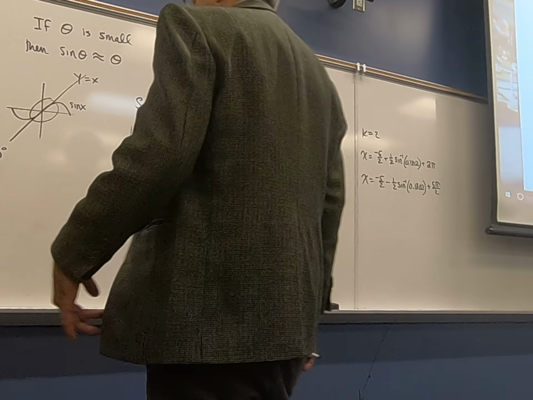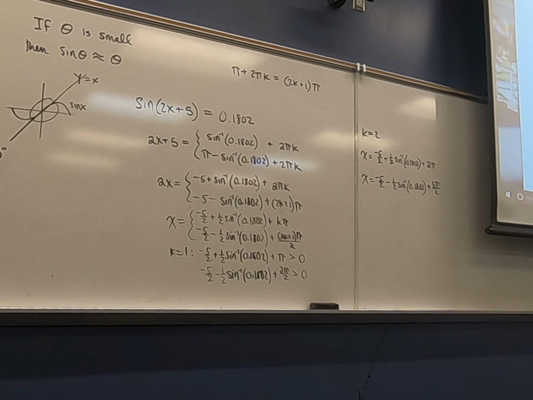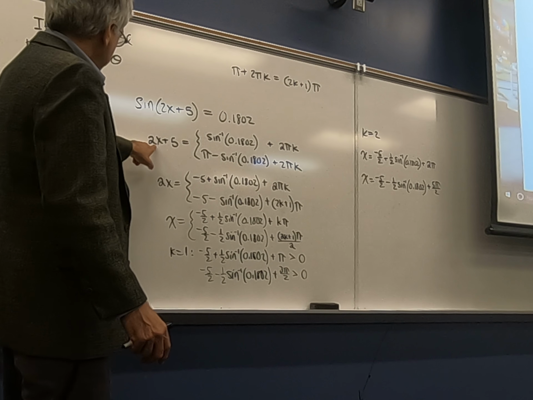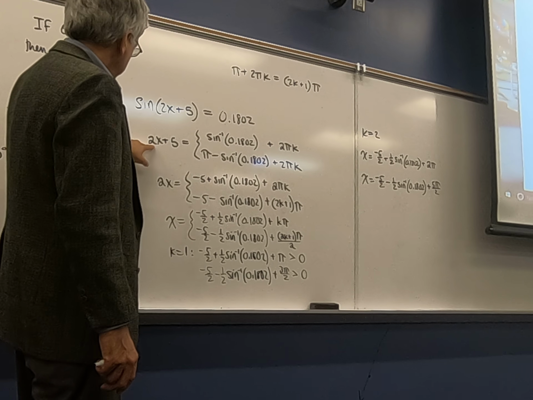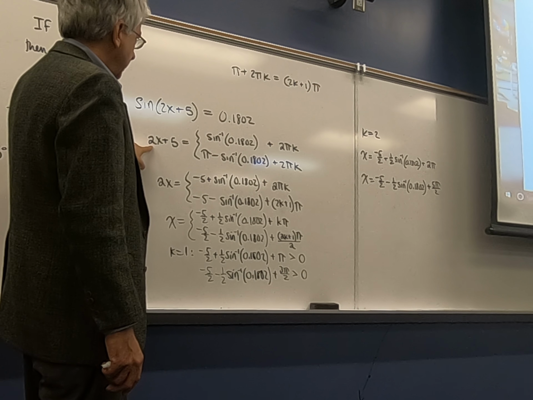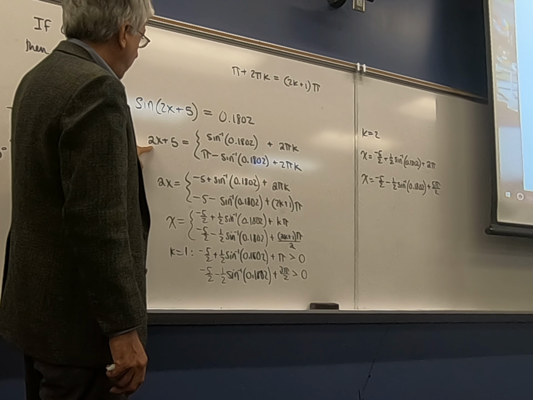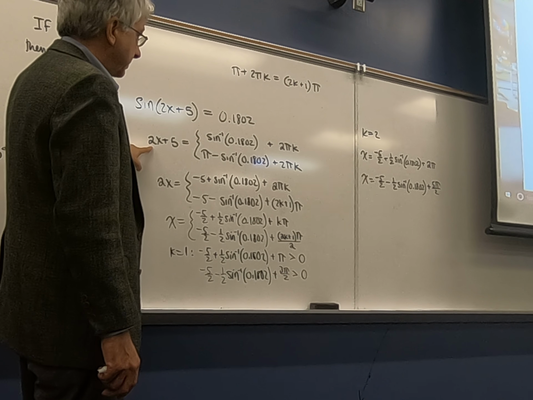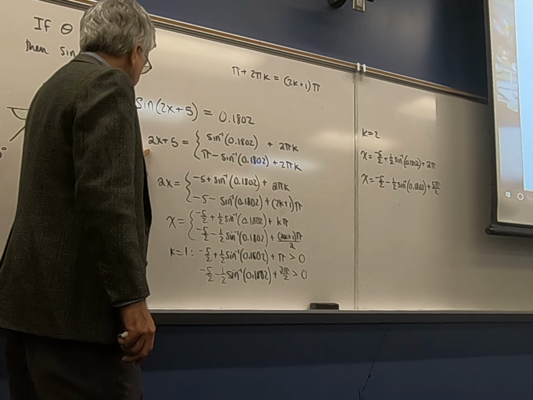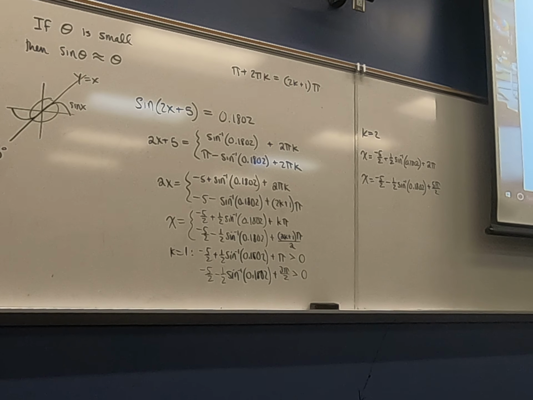So I've got four solutions, and that kind of makes sense, right? When you've got a coefficient 2 here, that means instead of having 2 solutions, you have 4, in the interval from 0 to 2 pi. If you have a 3 coefficient there, instead of having 2 solutions, you have 6, right?